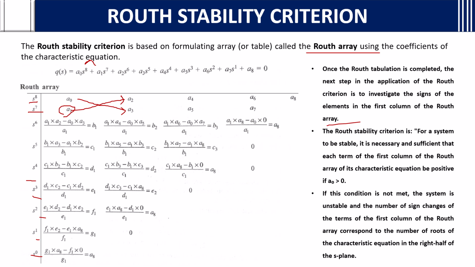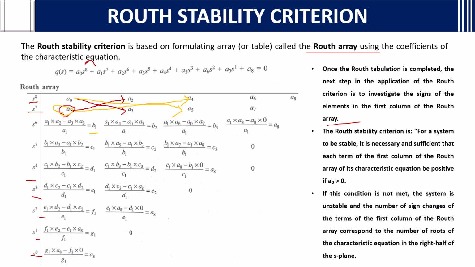Then for the next calculation, this will become B1. Let us consider B1 some value. For the next, I'll take one more color: a1 into a4 minus a0 into a5, divided by again a1.